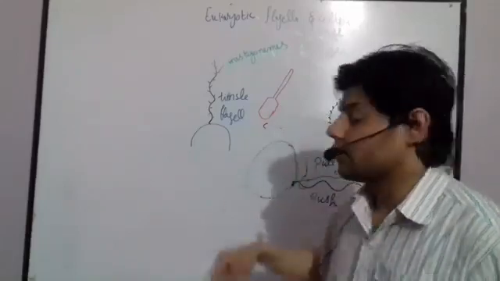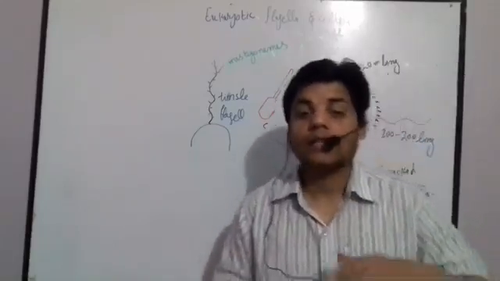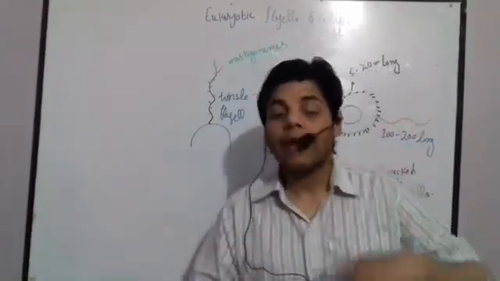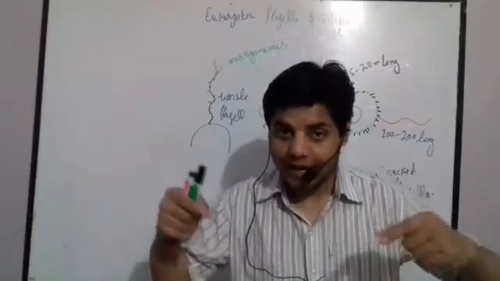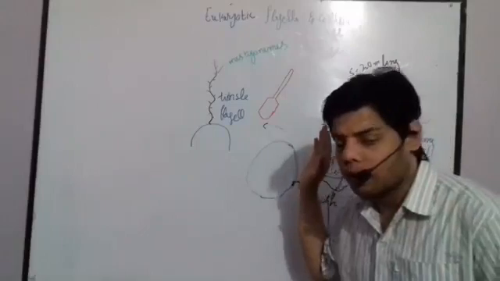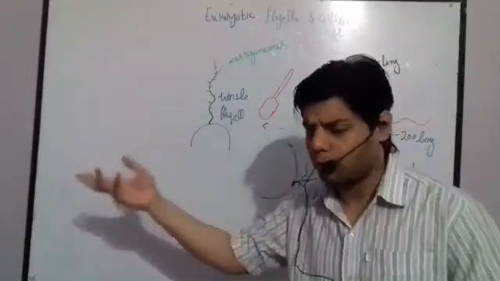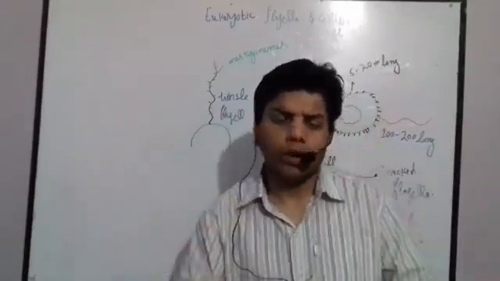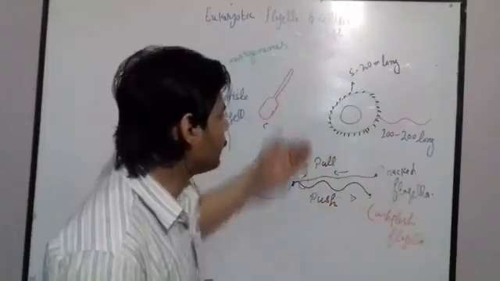Just like this, the cilia also create an oar inside the fluid or water, due to which the cell will be pulled or pushed backward or forward.